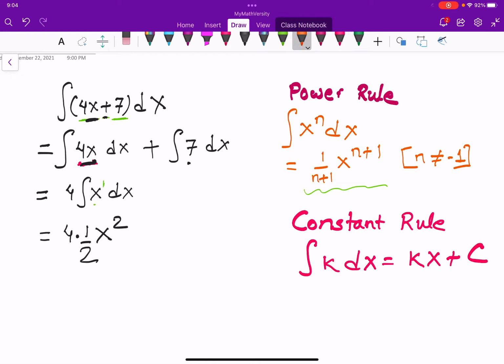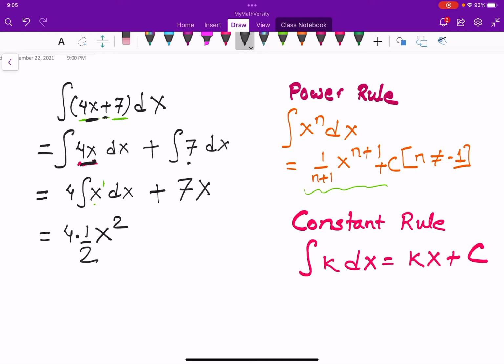To write down the general antiderivative, we need the arbitrary integration constant, which gives the family of antiderivatives. Anyway, now we have the rule for the antiderivative of this 7. So let's use that. This should be 7 times x.